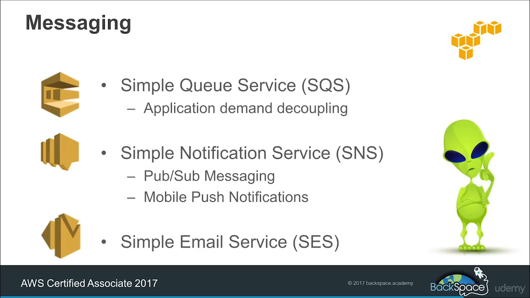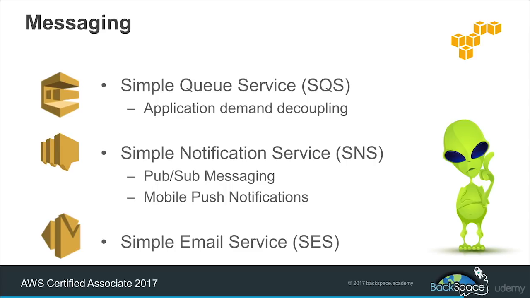The same concept. The next one there is Simple Notification Service, and that provides publish and subscribe messaging. And the way it works is that you would create an SNS topic and you would publish a message to that SNS topic. And anyone who is subscribed to that topic will receive that message.